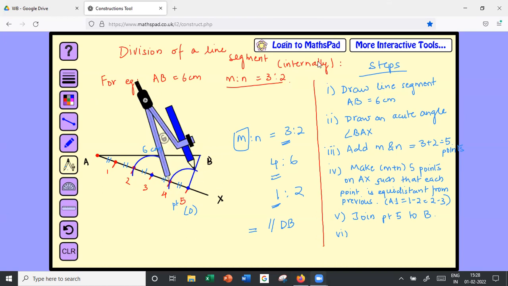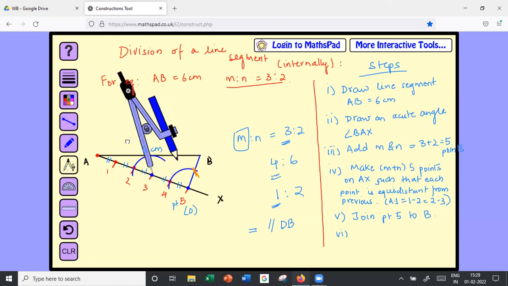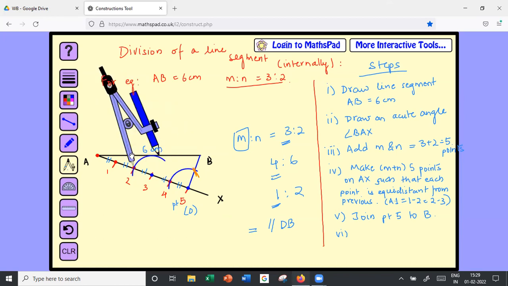Wherever the arc is cutting the line 5B, I want that distance on my compass. So once I get it, I will take that same distance and keep my compass on the first arc, the arc at point 2 in my diagram, and I'm going to make the same arc.